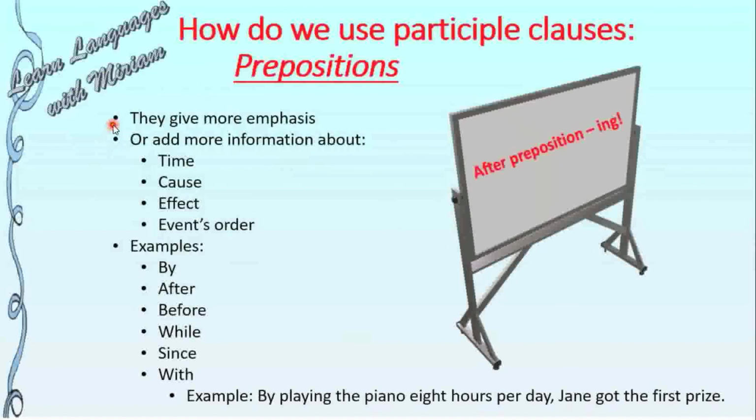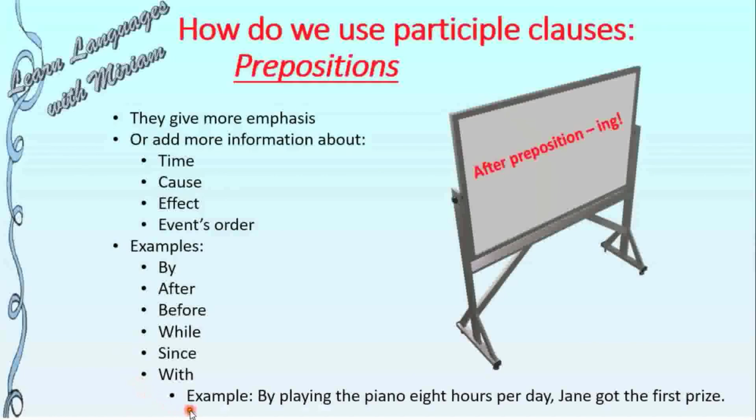Now let's see prepositions. They give more emphasis to the sentence, or they can add more information about time, cause, effect, or event order. I'll give you some examples of prepositions that we can use in participle clauses: by, after, before, while, since, and with.